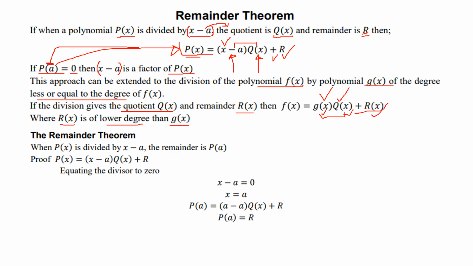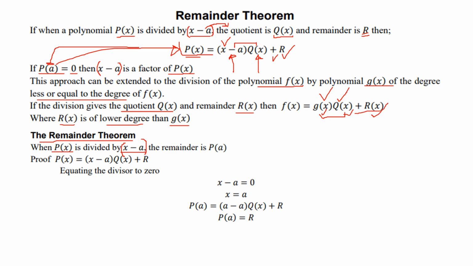Now we are going to look into this in more detail in the examples that we are going to be handling. Let's look at the remainder theorem in detail with examples. If you are given a polynomial of x and it is being divided by a factor x minus a, I've told you these are called factors.